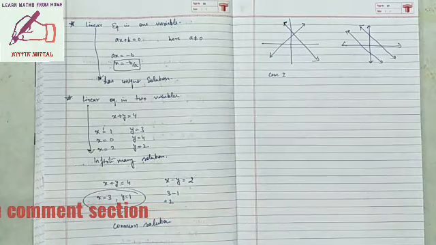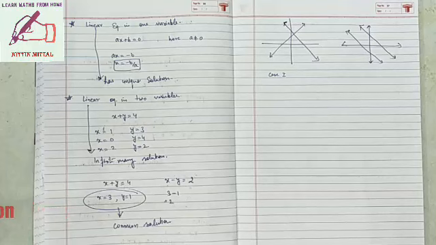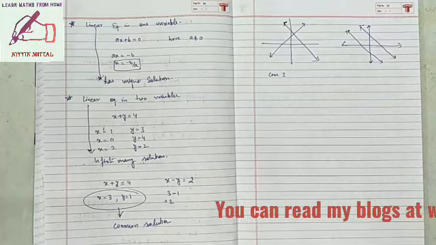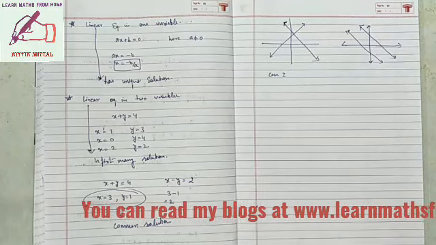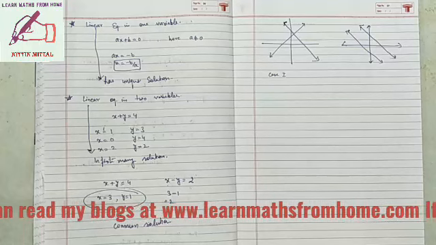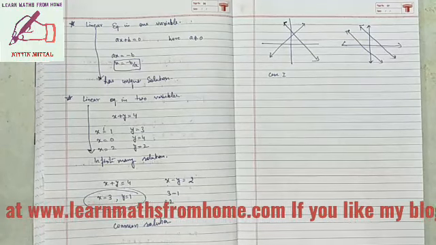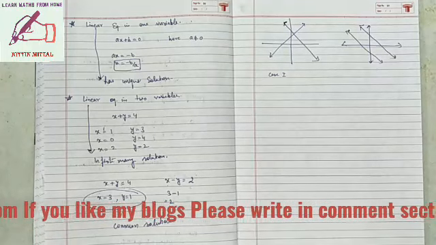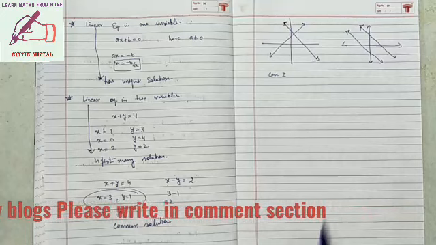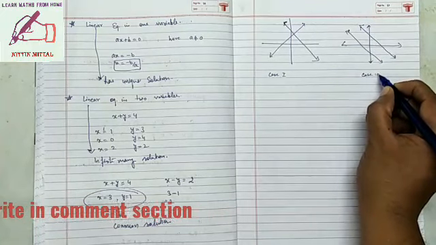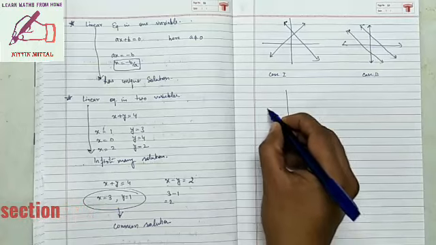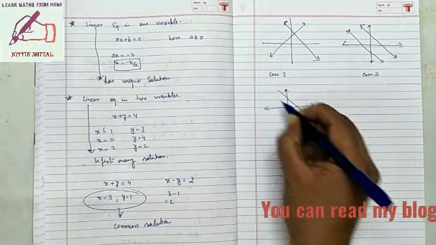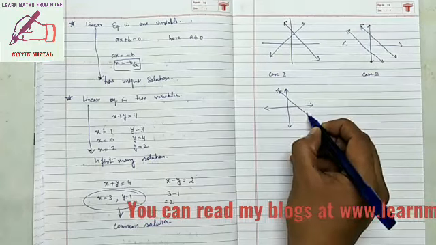This situation is also possible, because in a plane, if you have to talk about two lines, then there are three possibilities with respect to two lines in a simple 2D plane, right? So the two lines can intersect each other, the two lines can be parallel to each other, or the third case is the two lines may coincide.